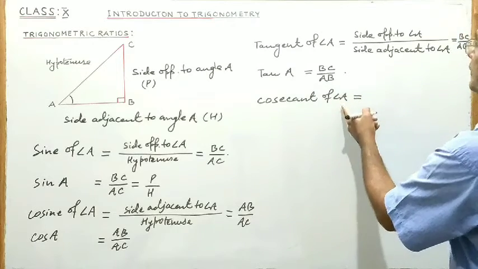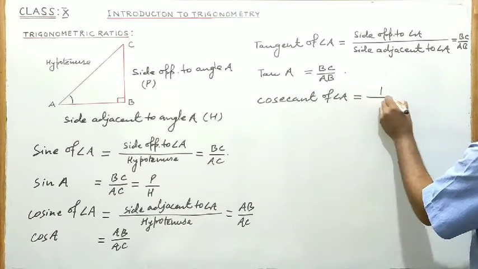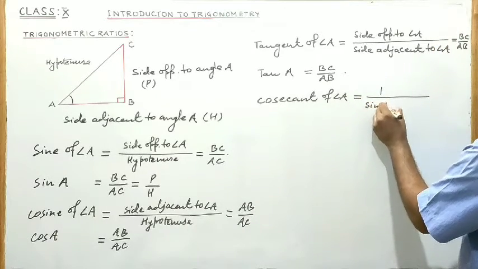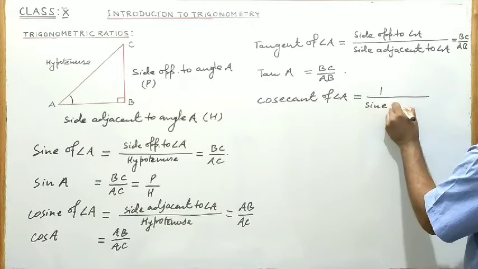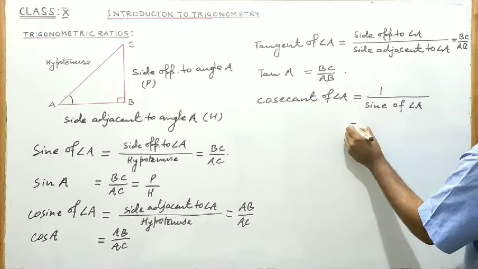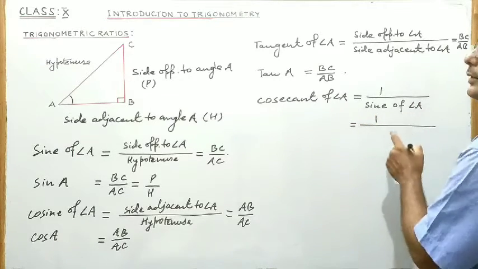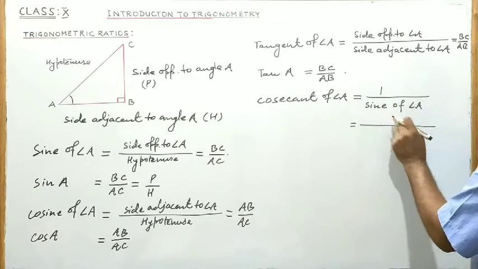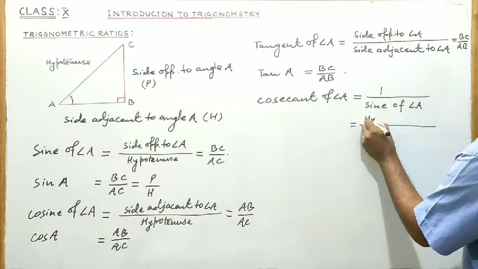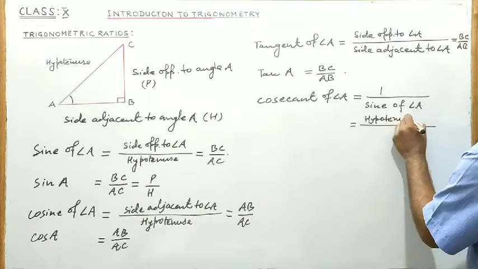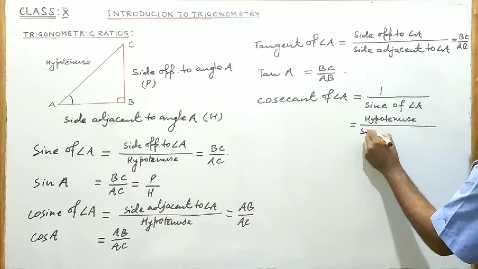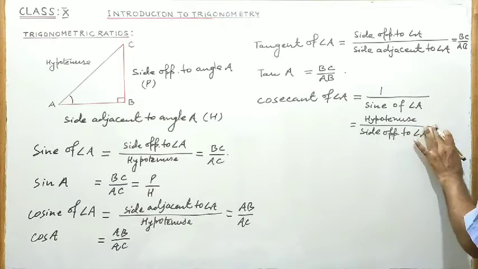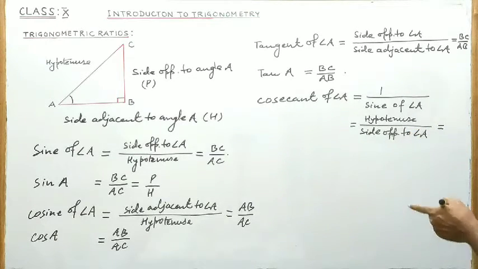And this cosecant of angle A is defined as the reciprocal of sine of angle A. So 1 upon sine of angle A, which is equal to hypotenuse upon side opposite to angle A, which is equal to AC by BC.